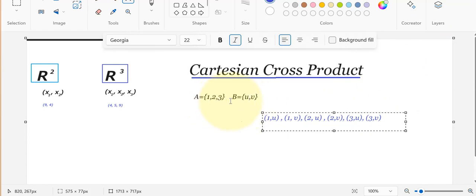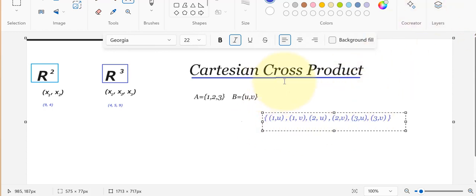So we have 1u, 1v, 2u, 2v, 3u, 3v. We exhaust all those possibilities, an element from here and an element from here, and we form these ordered pairs. And then we call that a set, and we give it a name.